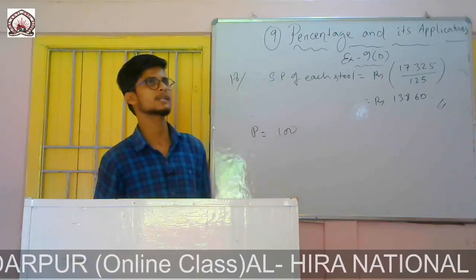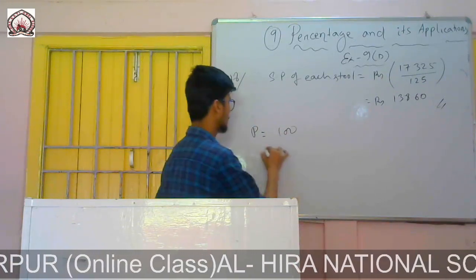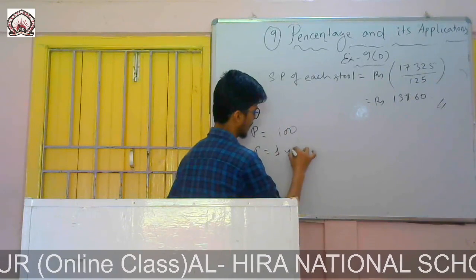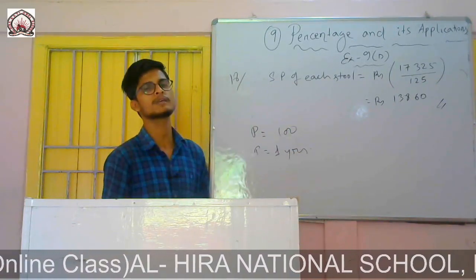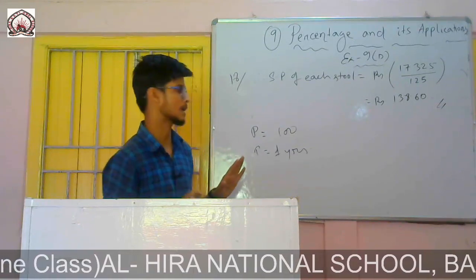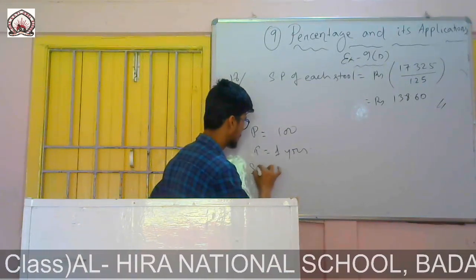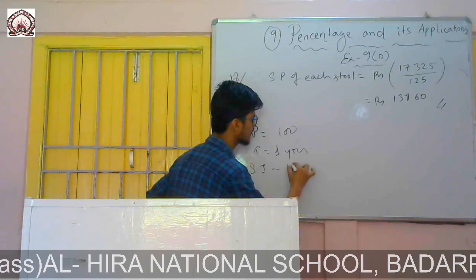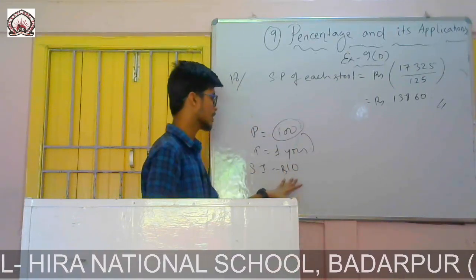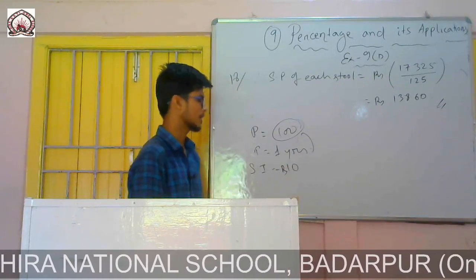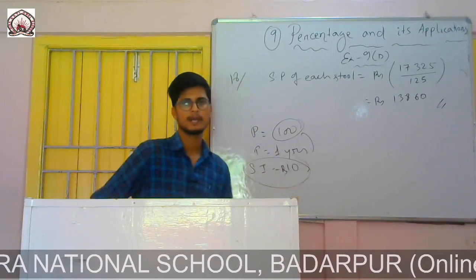If I say you return it after 1 year, that means time will be 1 year. And if I say you return it after 1 year, but you have to give me rupees 10 extra, that will be your simple interest, rupees 10.